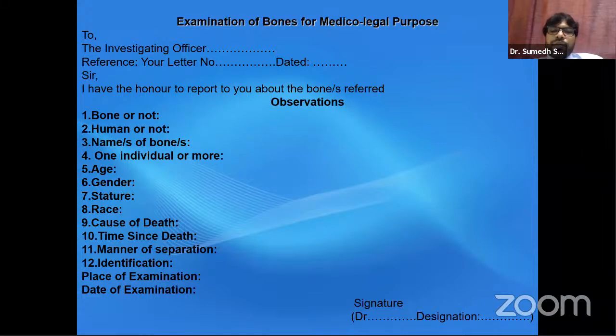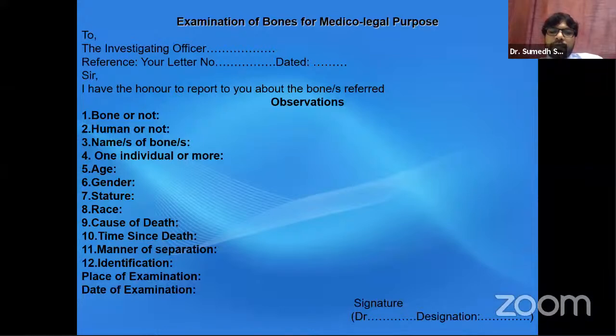Whenever you get all these things, this is a combined role. If you see the first 7 points, they are mainly for the anatomist: bones, human origin, names, one individual or more than one individual, age, gender, and stature. These can be commented on by anatomists.